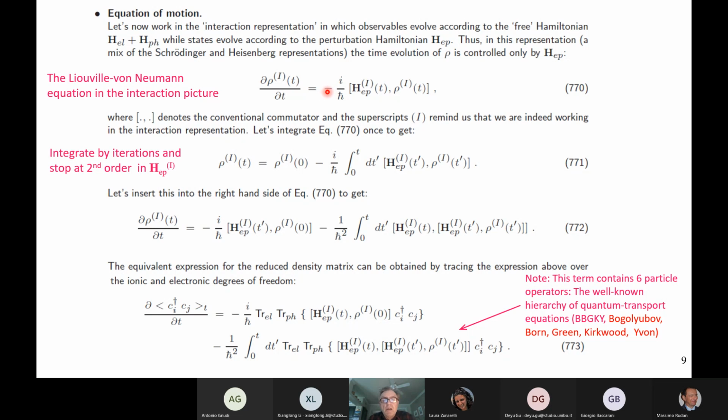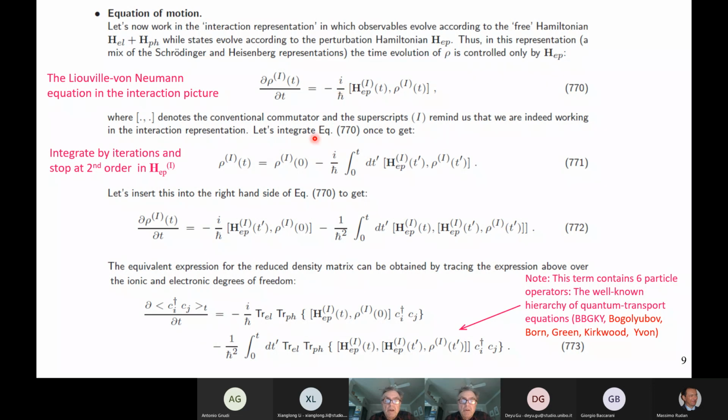So it's a mix of the Schrödinger and Heisenberg pictures. And that is simple because then we always only have to deal with the perturbation Hamiltonian in the equation of motion for the reduced density matrix. This is for the entire density matrix. Formally, we'll proceed by integrating by steps, step by step.